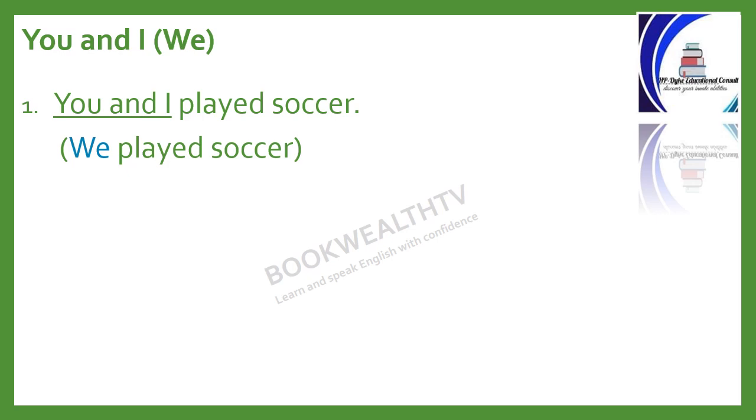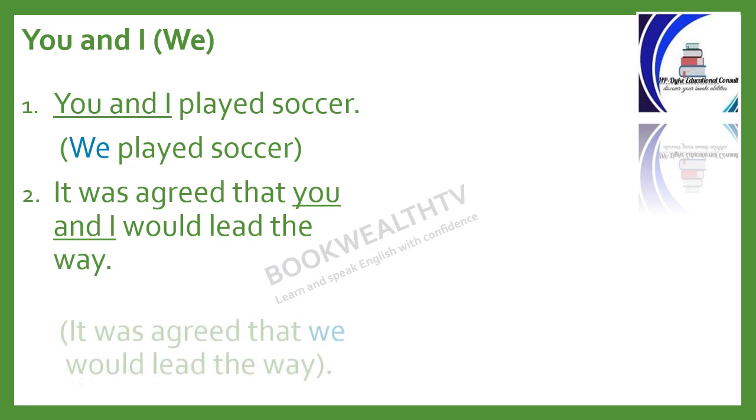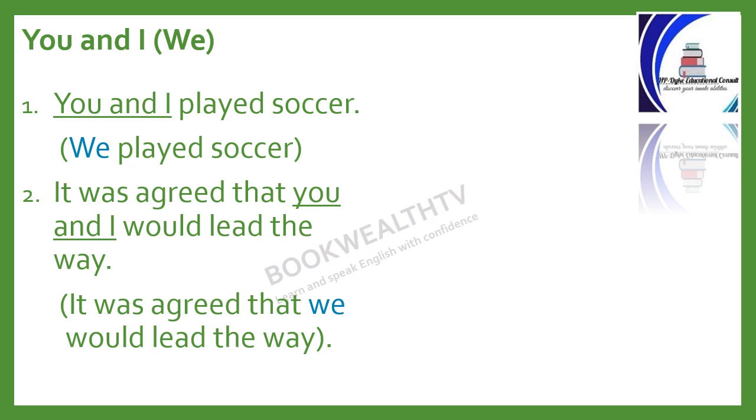We played soccer. It was agreed that you and I would lead the way. It was agreed that we would lead the way. It wouldn't sound right using us in place of we in these sentences. So it wouldn't sound right using you and me.